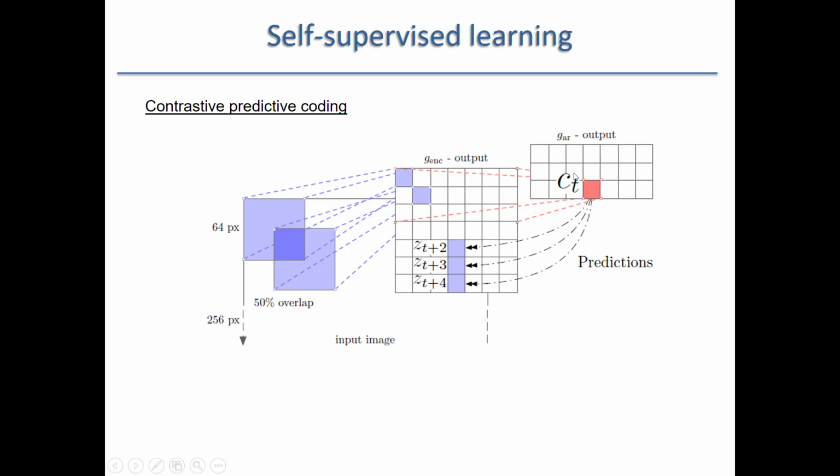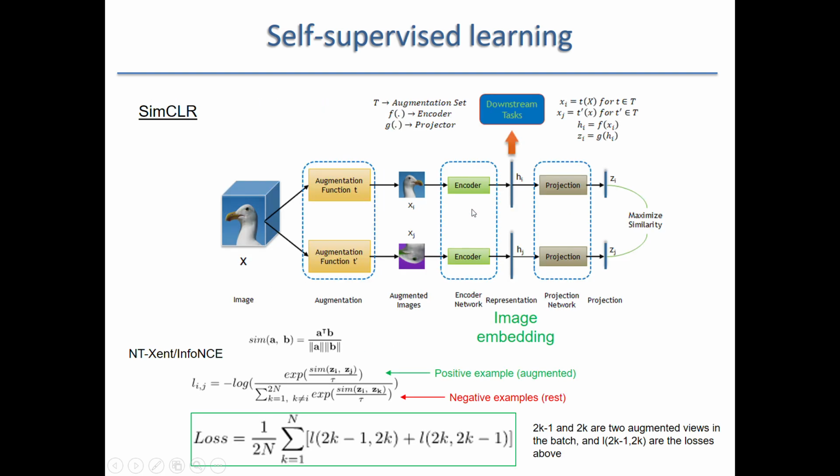This autoregressive network will consider the previous embeddings, and they have to be useful to predict the future embeddings of the future patches. So the sequence, in images, is not simulated, but interpreted as the spatial location of each one of the patches.